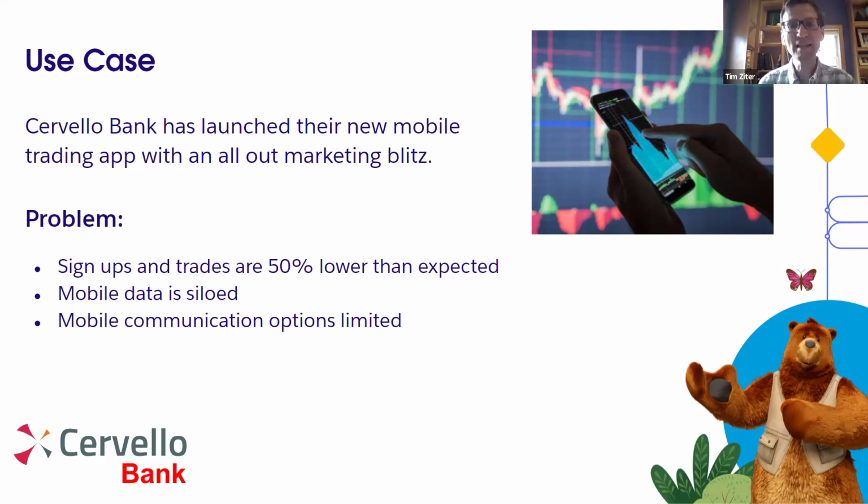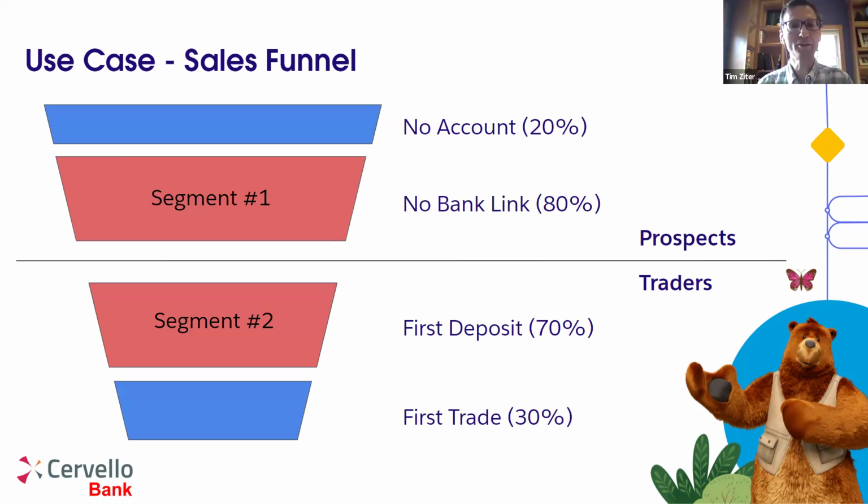Digging into the sales funnel, they break out their users in two groups. You're either a prospect or a trader. So a prospect is somebody who signed up to create an account. They may have linked their bank to the app, but they haven't done their first deposit.